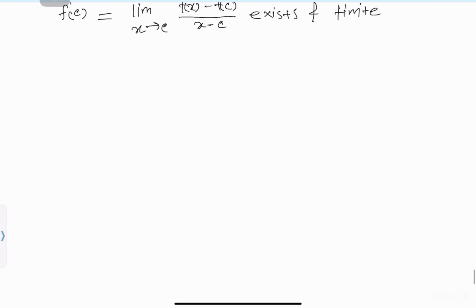Now this differentiability has some results. I am writing all the results.